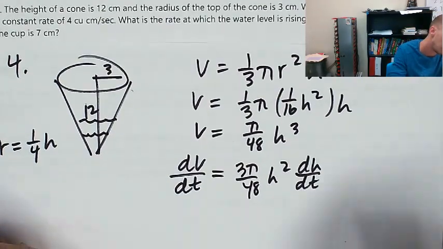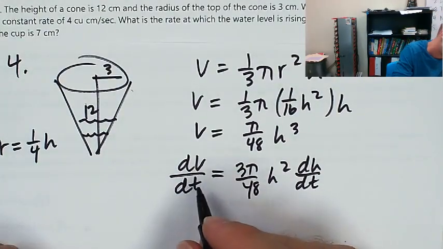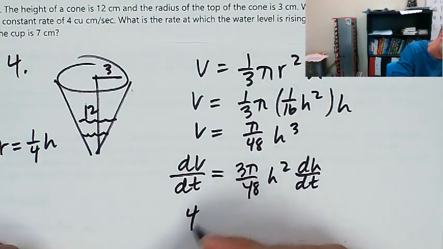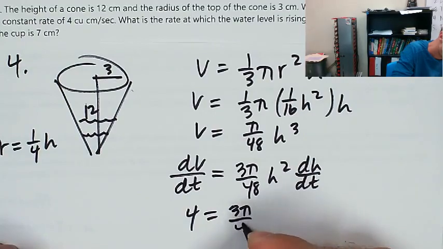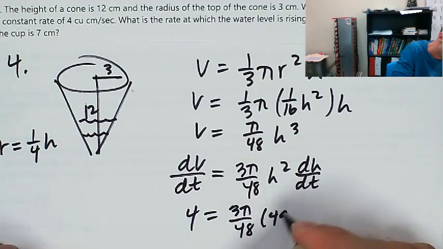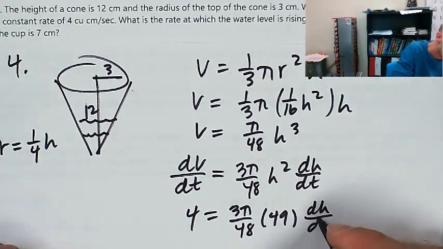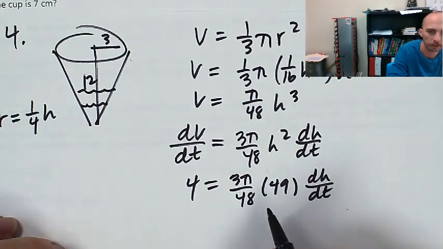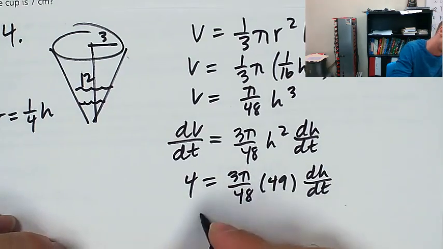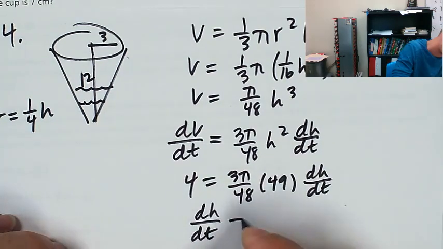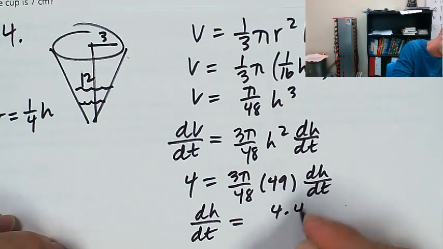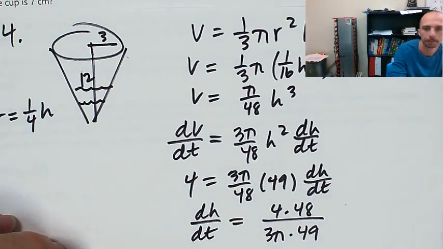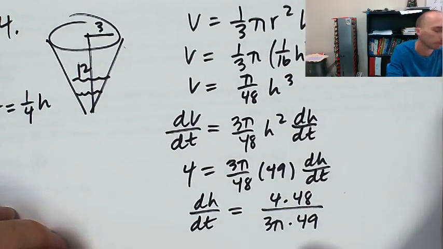So when h is 7, dV/dt, they said, poured in at 4, so 4 equals 3 pi over 48 times 49 times dh/dt. Right, so there's all sorts of things you can do, but I'm just going to solve directly for dh/dt by multiplying both sides by 48 and dividing by 3 pi and 49. And that will be a suitable expression for dh/dt.